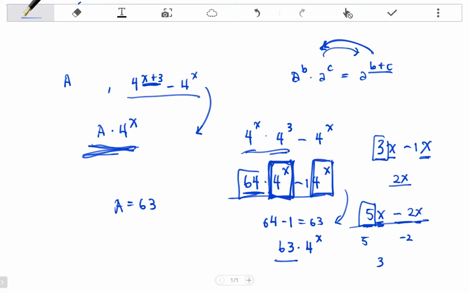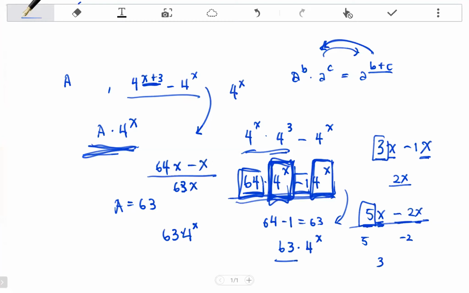So we can say there's 64 of 4 to the x and -1 of 4 to the x because these are the same variables. So 64 minus 1, you can simplify it as 63 times 4 to the x. If we rewrite this, it's the same problem. This and this is the same thing, except this x looks more complicated since it's 4 to the x and not just x.